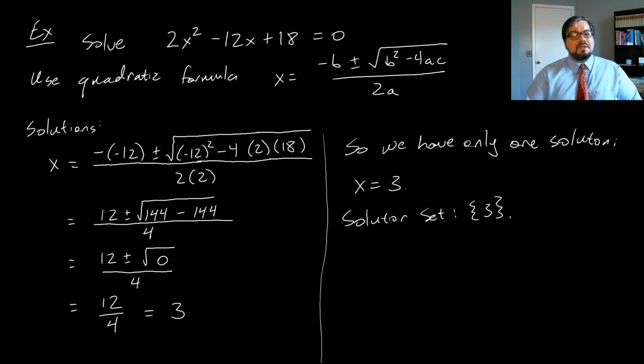And finally, in our third example, the thing inside the square root wound up being 0. And now, even though we've got a plus or minus in the formula here, adding or subtracting 0 doesn't actually change anything. And so we only got a single number out of the quadratic formula.